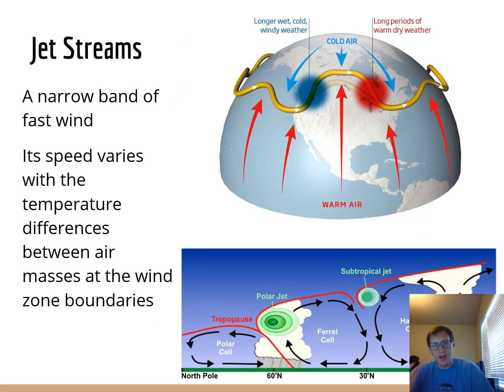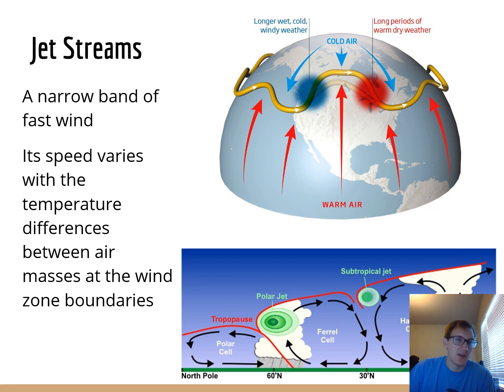All right, so on top of that, we have things called jet streams, and these are going to be narrow bands of fast wind located in between the barriers for all of our other types of global winds. There's a jet stream in between the prevailing westerlies and the polar easterlies, and then there's another jet stream between the trade winds and the prevailing westerlies.